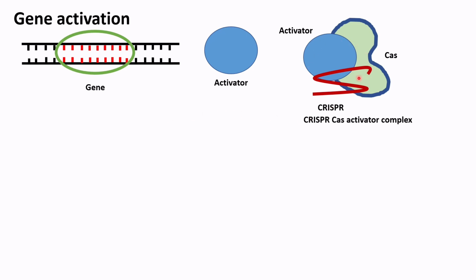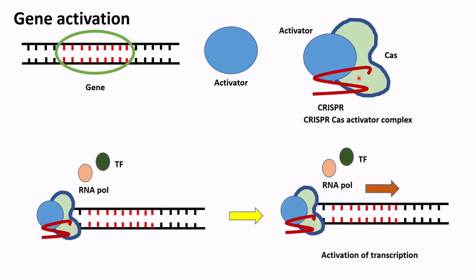The reason is same as I have already told in point mutation section. Now, this transcriptional activator along with CRISPR-Cas will be directed toward the specific site on DNA. Here, this activator will recruit RNA polymerase and other factors to enhance transcription of gene.